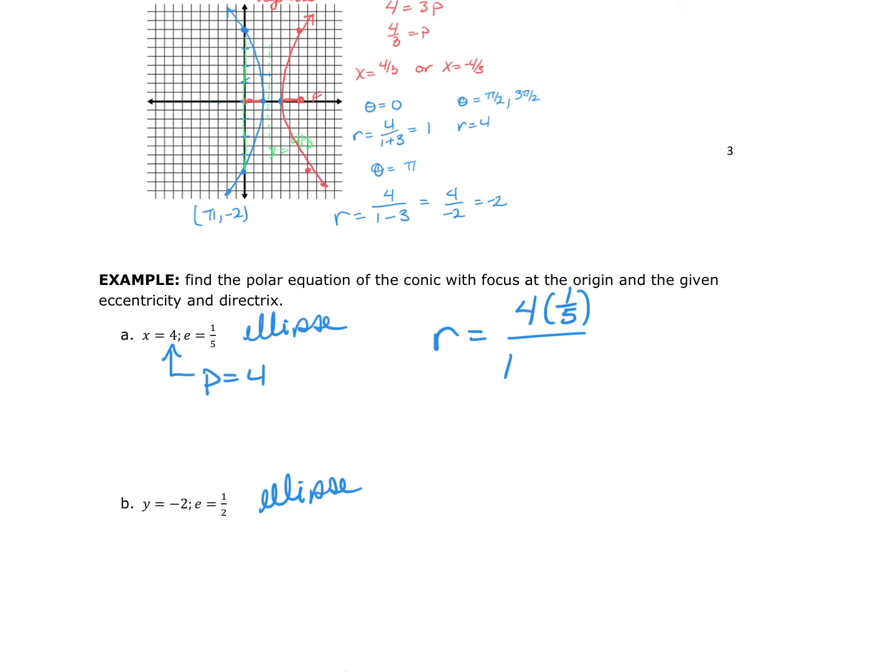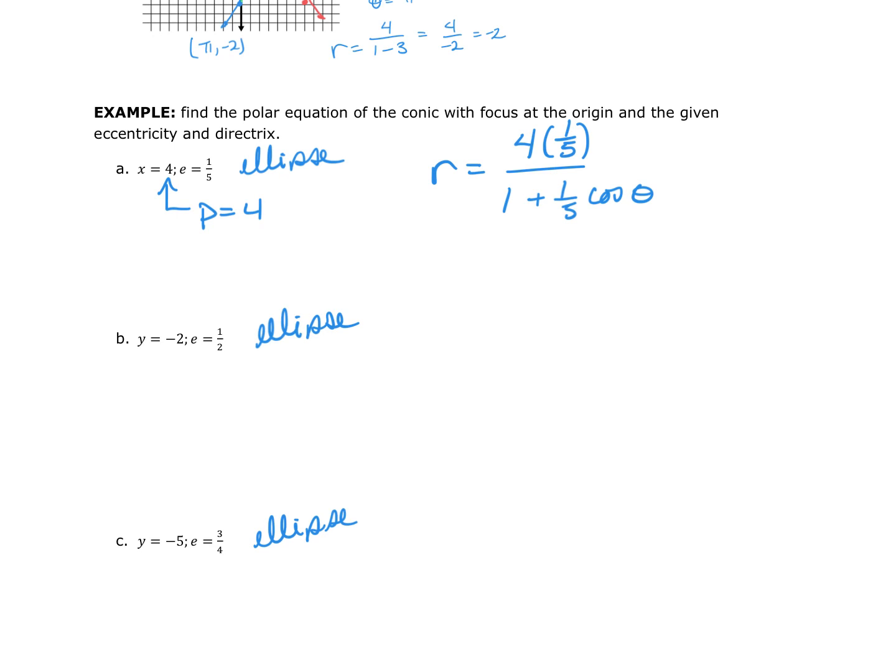And because my directrix value is positive, I know I must have a plus the cosine. Oh, don't forget my e. I got so excited with my cosine. It would be 1/5 the cosine of theta.